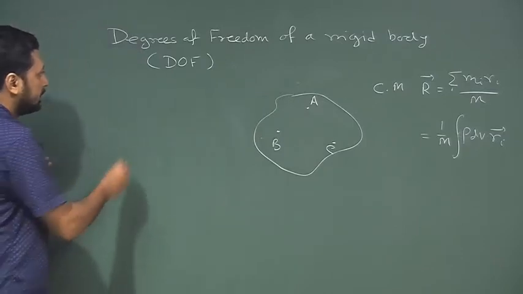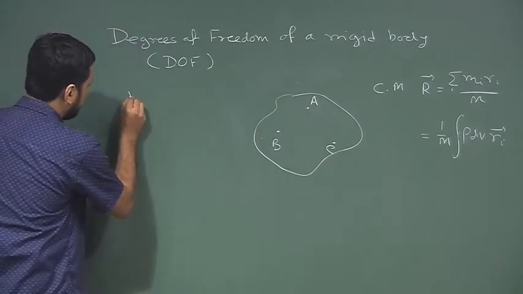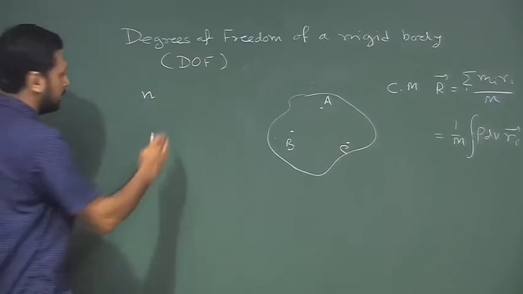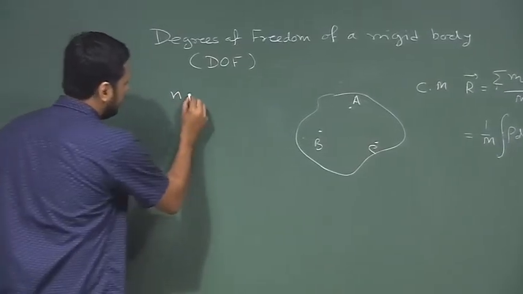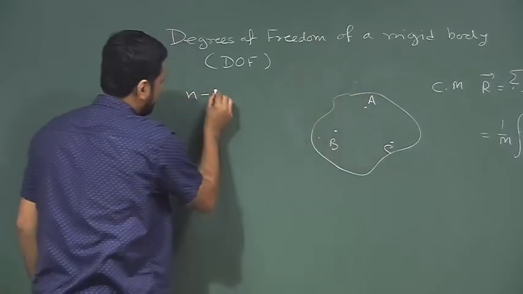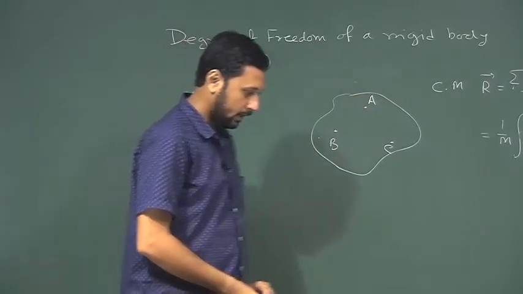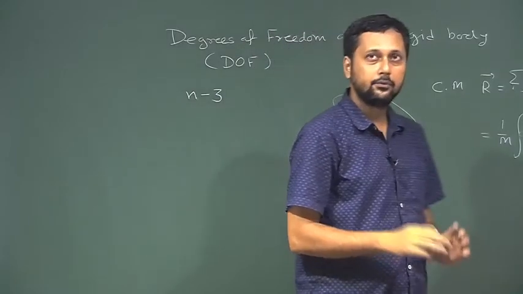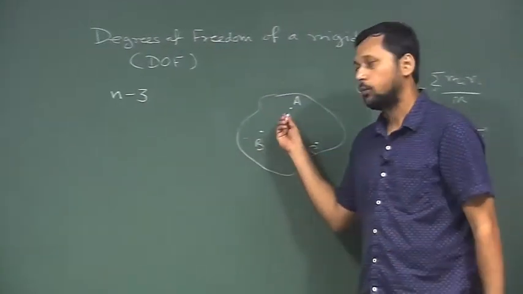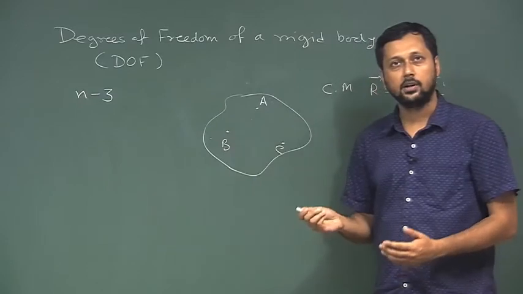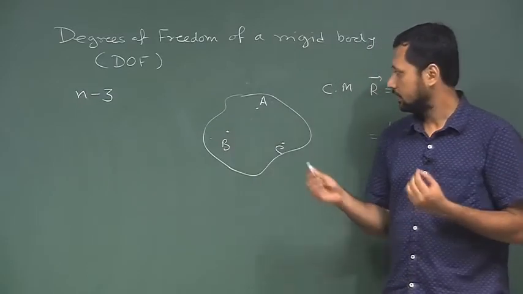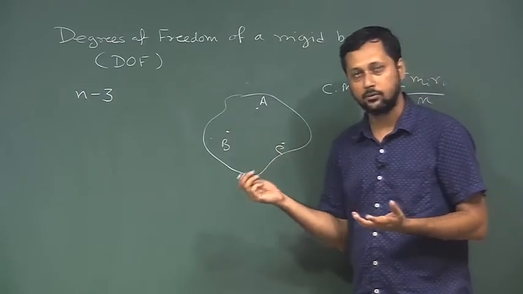Now, if the rigid body to begin with has n degrees of freedom, n being unknown at present, then the moment we fix A, we are taking 3 degrees of freedom out of it. After we fix this particular point, what could be the possible motion of the rigid body? It can move with one point fixed.